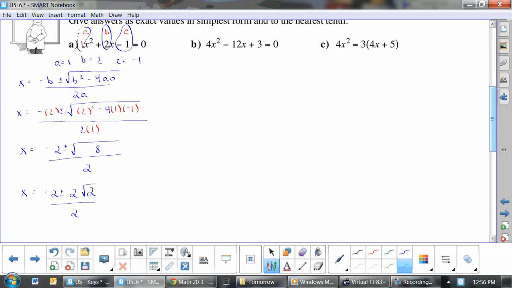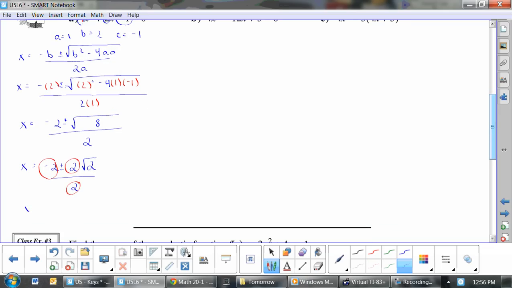And so when you look at it now, you should say, oh, wait a second, this can even be reduced. Look here, we have a -2, and a 2, and a 2. So you can reduce it. It's 2, right? So yeah, -1 plus or minus square root of 2.